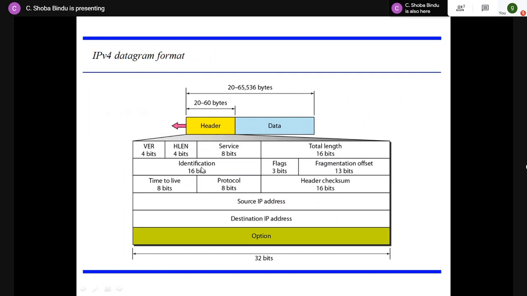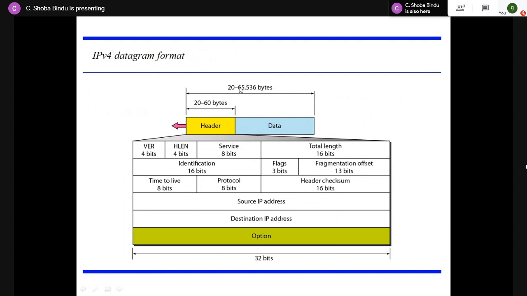And the next 3 fields, identification, flags, and fragment offset, are used for fragmentation. So this packet, 65,536, is the size of the packet that you are delivering. But if you want to deliver it over an Ethernet, in the Ethernet we know the maximum size of the packet can be 1500. That is the maximum payload that it can handle.